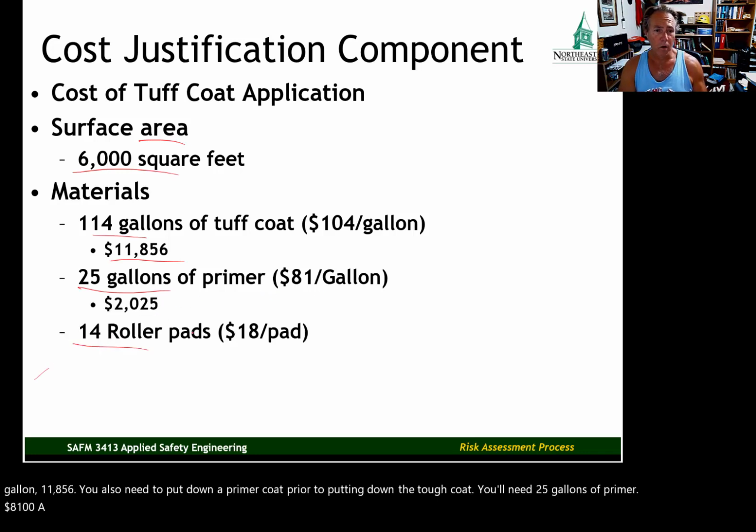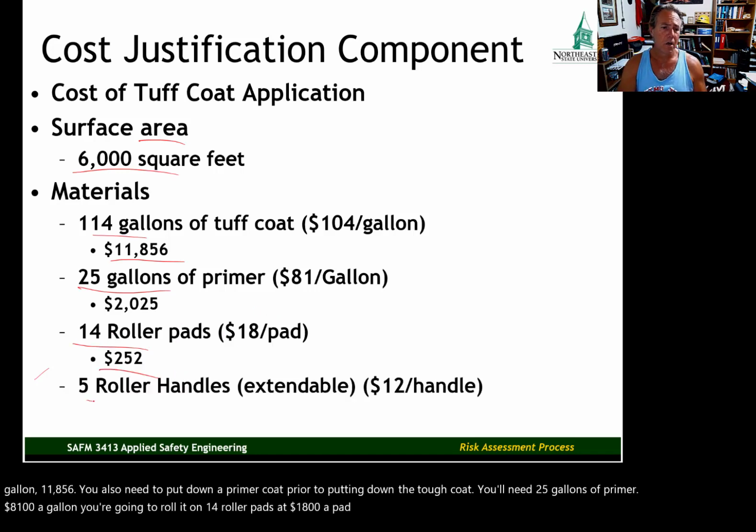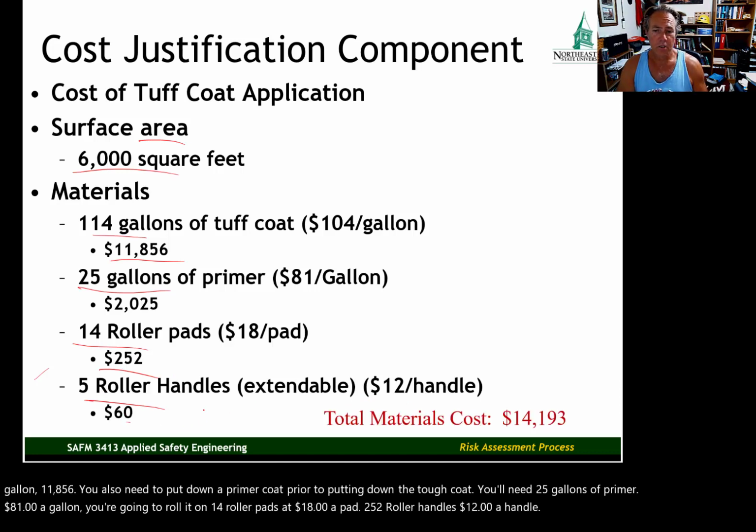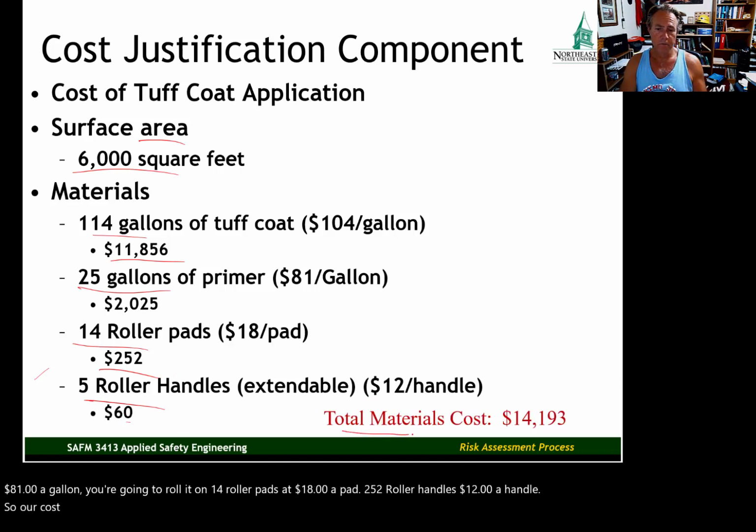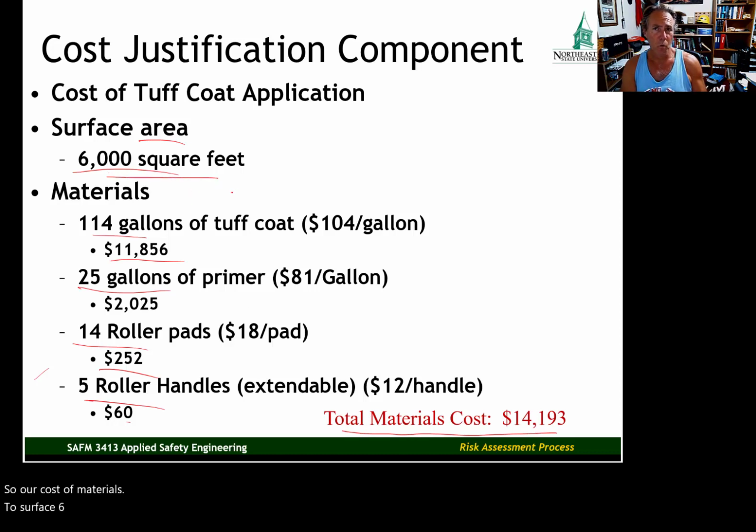You're going to roll it on. 14 roller pads at $18 a pad, $252. Roller handles, $12 a handle. So our cost of materials to surface 6,000 square feet with the Tough Coat slip prevention material is $14,193. So, a pretty good chunk of change for any company.